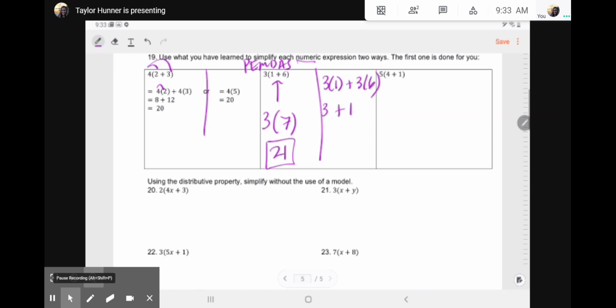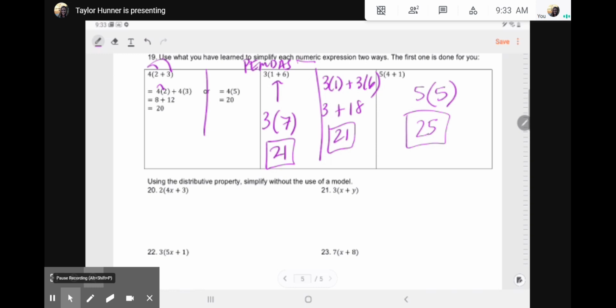That would be 3 plus 18. They're going to get you the same answer every time. Personally, when they are using just numbers and no variables, meaning that you have like terms, I would just write inside the parentheses. I would simplify it if you can. So 4 plus 1 is just 5. 5 times 5 is 25.